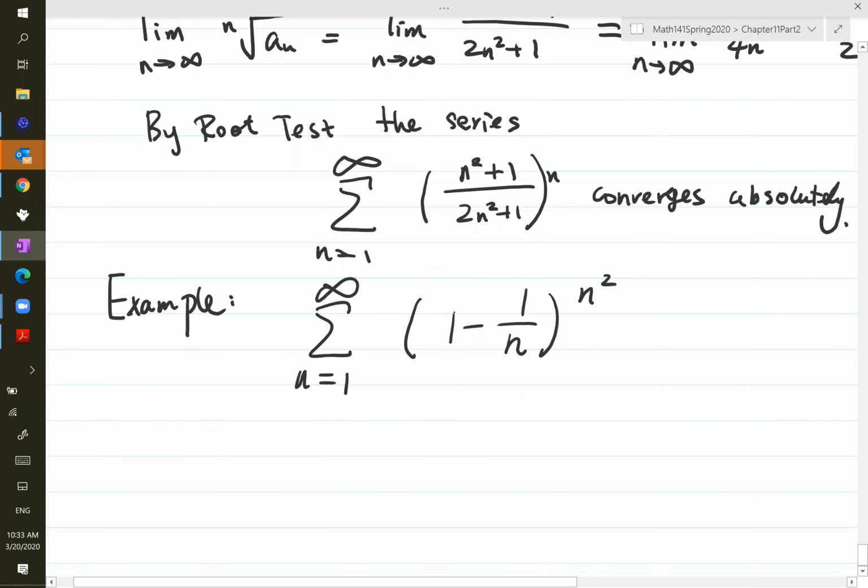Now a_n has this form, and we have a power, n squared. So it makes sense to take a root. So we use the root test.